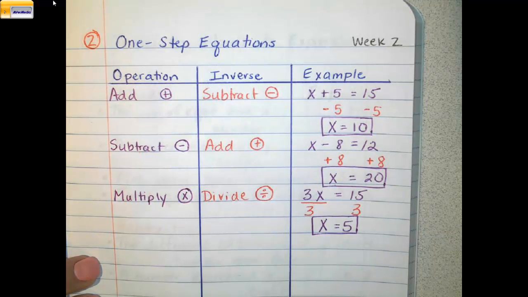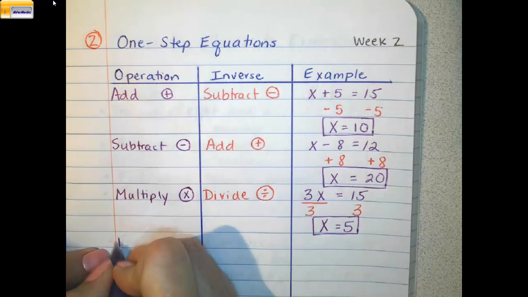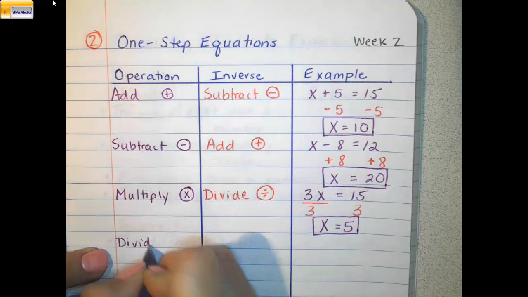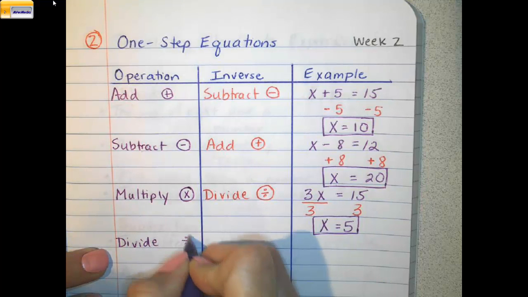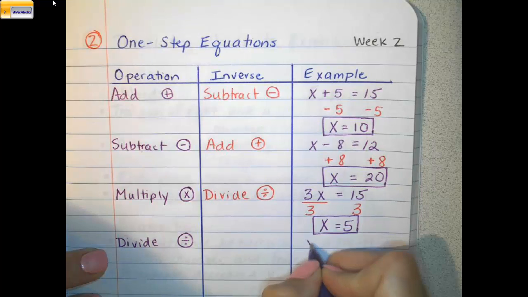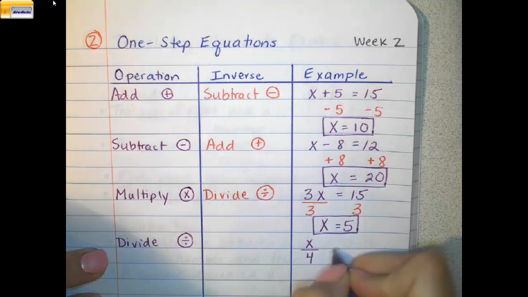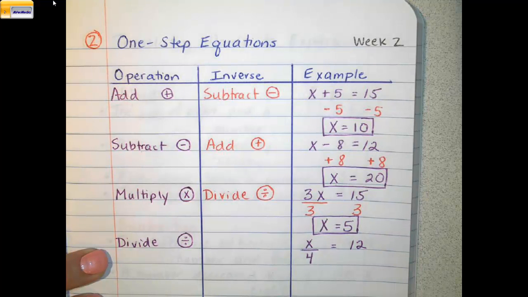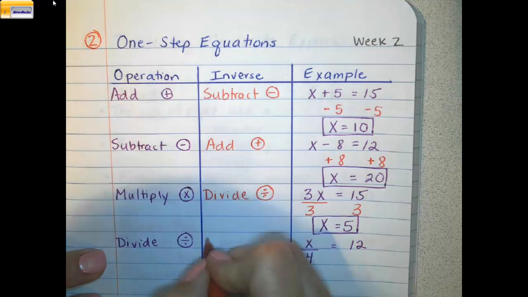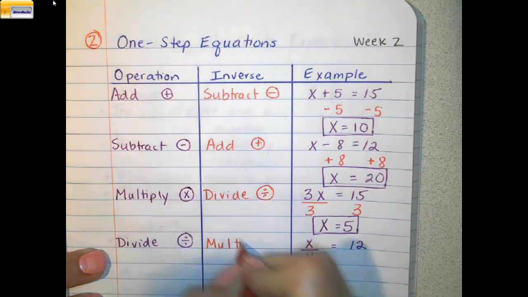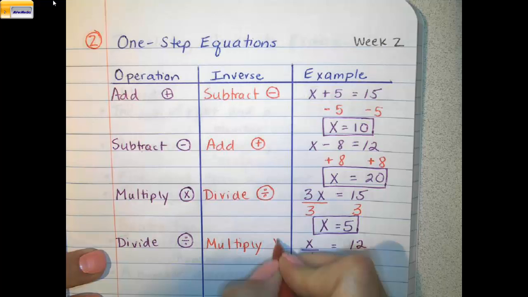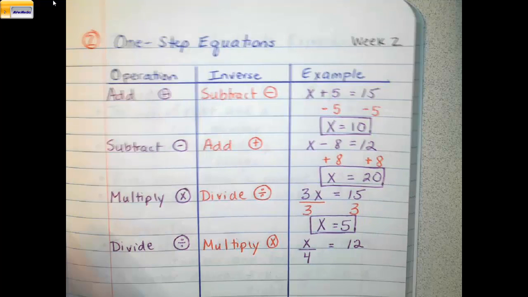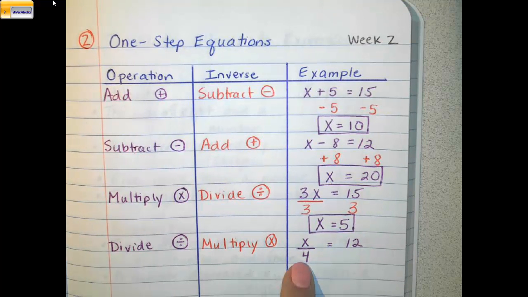If my original operation is divide, and I start with a division problem, such as x divided by 4 is equal to 12, I use the inverse operation. The inverse of divide is multiply. So in order to solve this problem, I want to multiply both sides by 4.